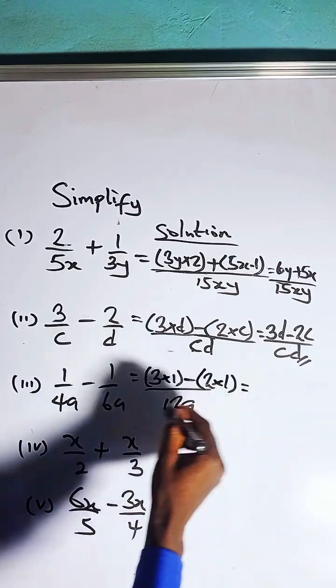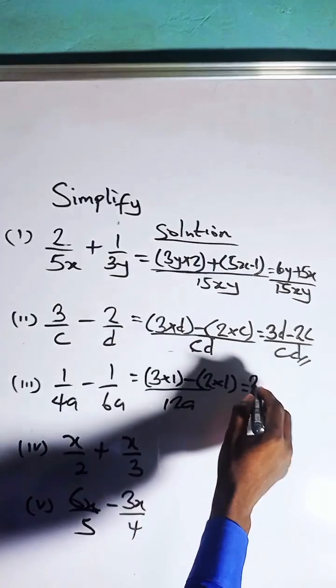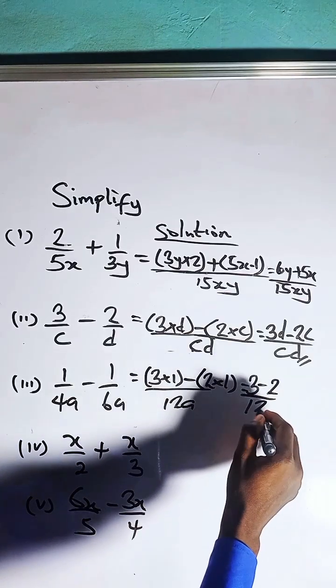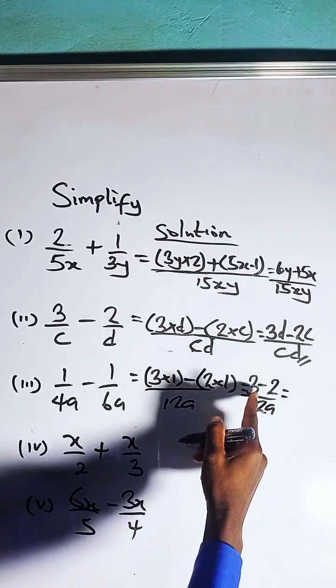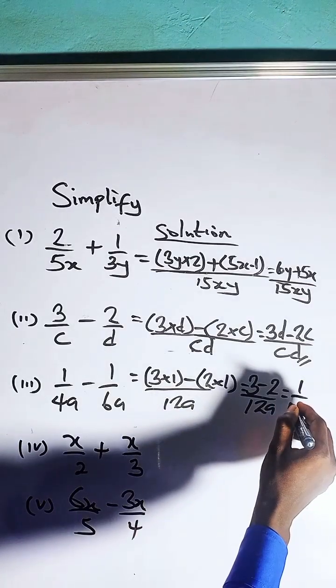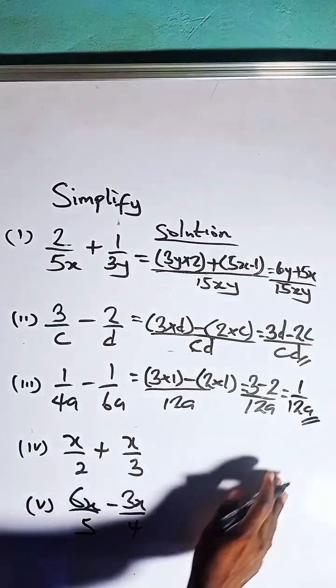So when we do this, 3 times 1 is 3, minus 2 times 1, which is 2, over 12a. So when we subtract this, we have 1 over 12a.